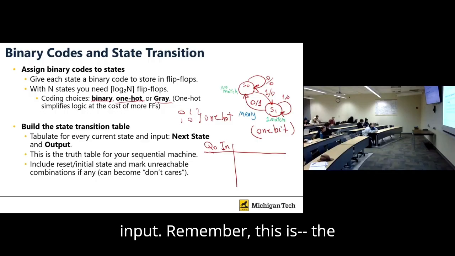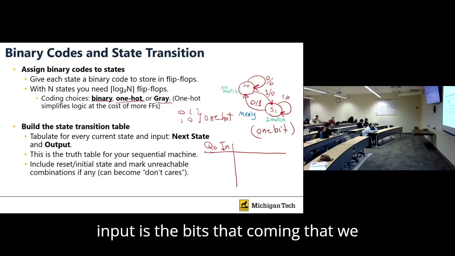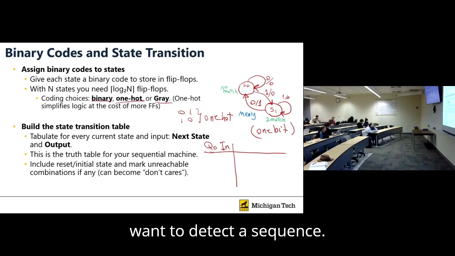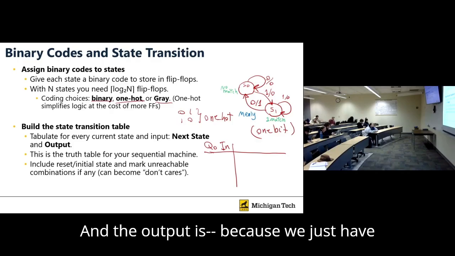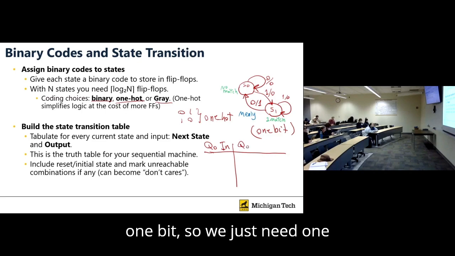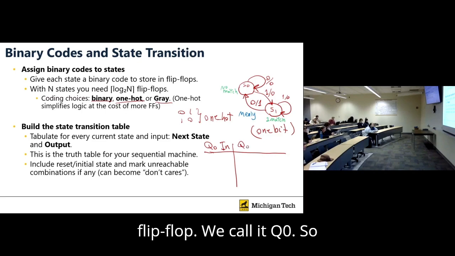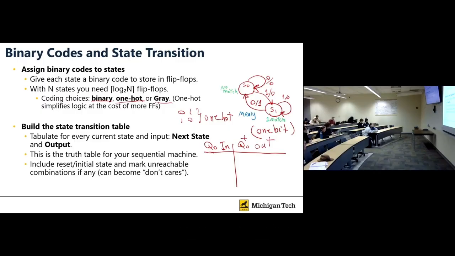Remember, the input is the bits that are coming, in which we want to detect a sequence. Because we just have 1 bit, we just need 1 flip-flop. We call it Q0. So Q0 plus means the next step. And we also have output.